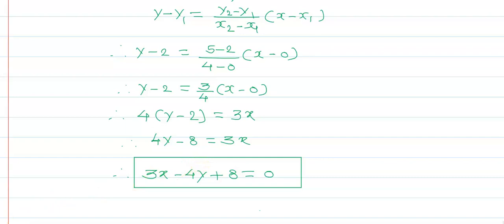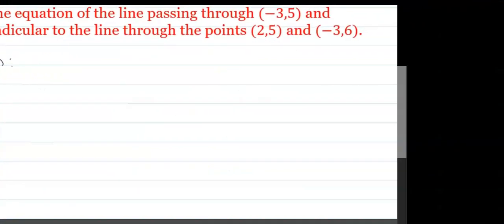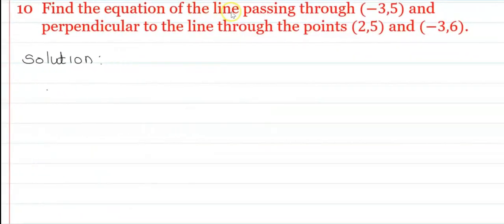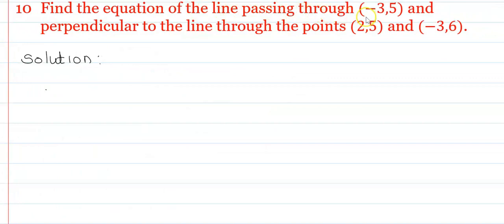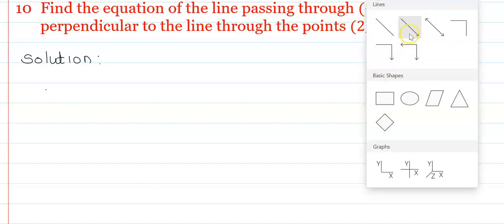Now next problem. Find the equation of the line passing through the point (-3, 5) and perpendicular to the line through the points (2, 5) and (-3, 6). Now see this here.